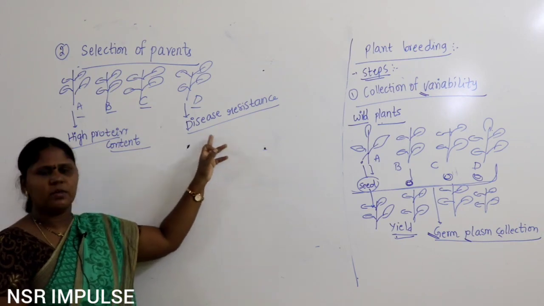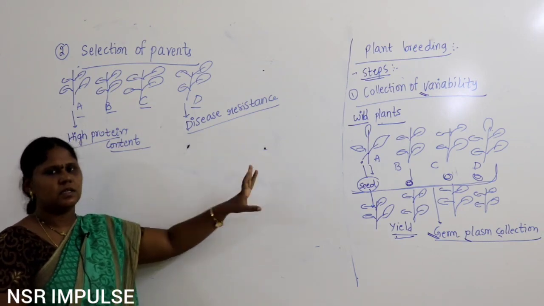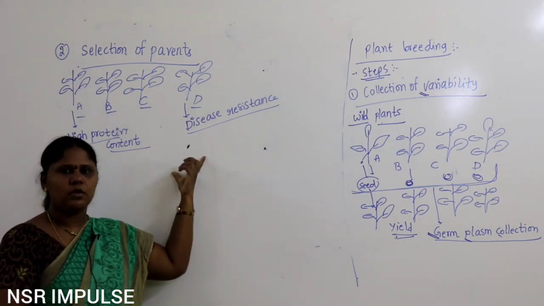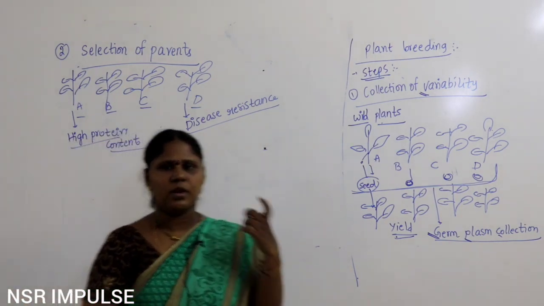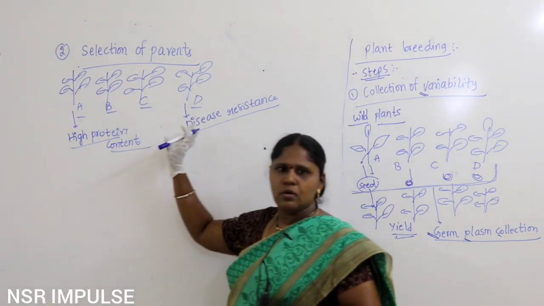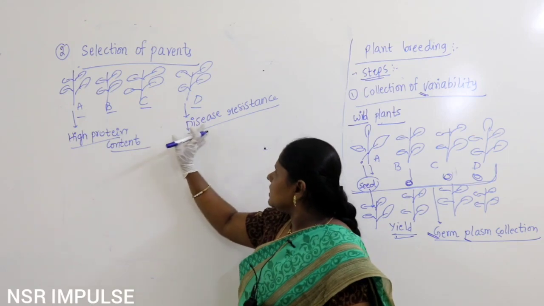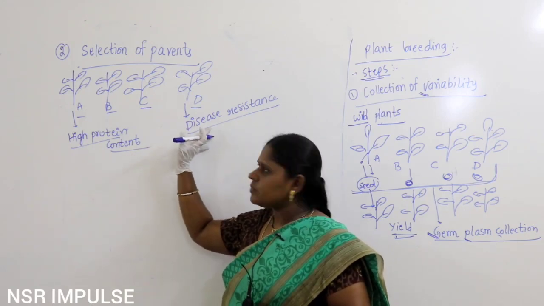And the last one may be disease resistance, it shows resistance to diseases. I want these two characters, high protein content and disease resistance.